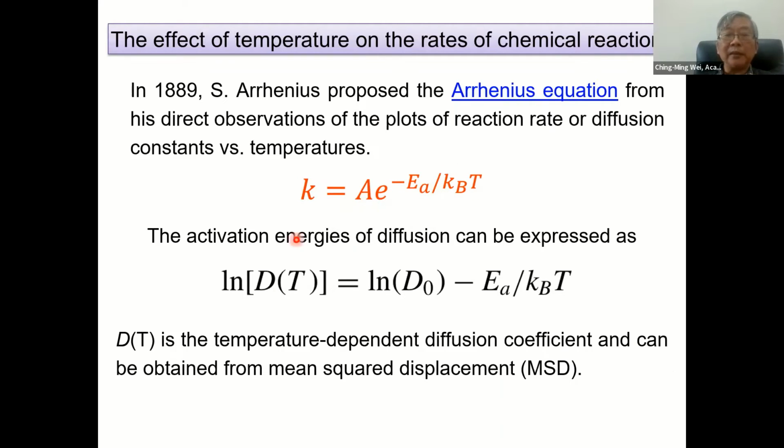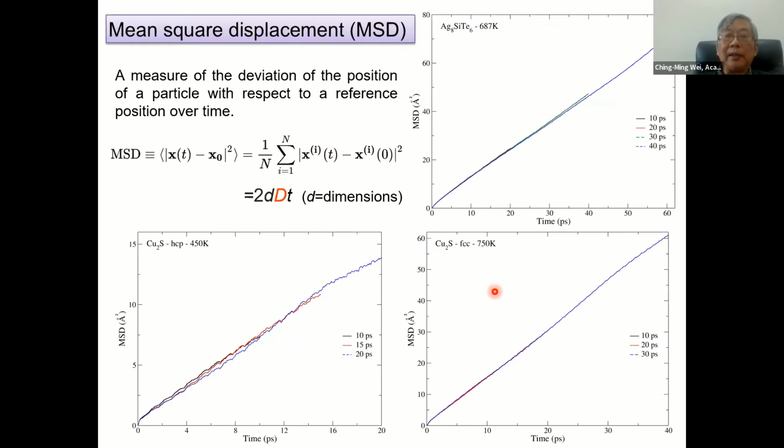If you take a log, you will see that the log of the diffusion constant as a function of temperature equals some constant minus EA divided by kBT. So if you plot log D versus 1 over T, you will get a straight line, which gives the diffusion barrier EA.